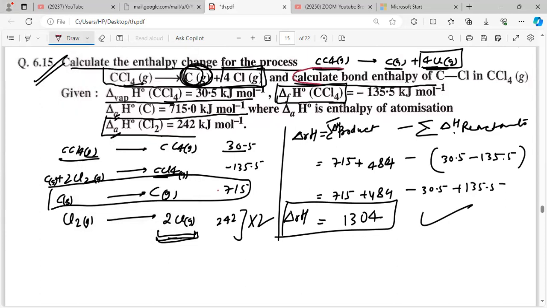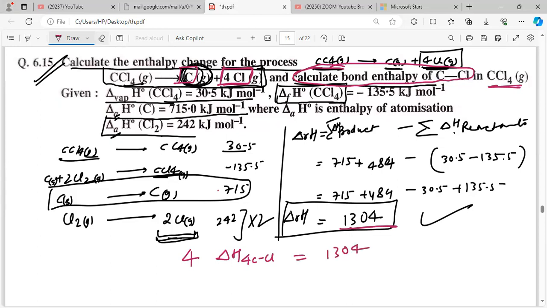Now the second part: calculate the bond enthalpy of the C-Cl bond. Only one bond they are asking. For four bonds, you see the 4 bonds are broken now. Carbon is broken into 4 bonds, with 4 bond energies involved. So 4 into delta H, for 4 C-Cl bonds, is 1304.